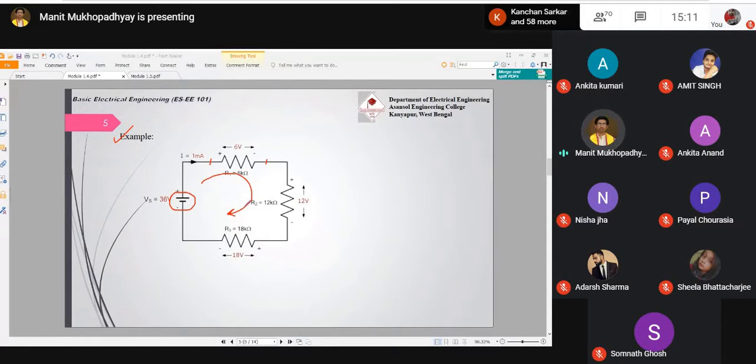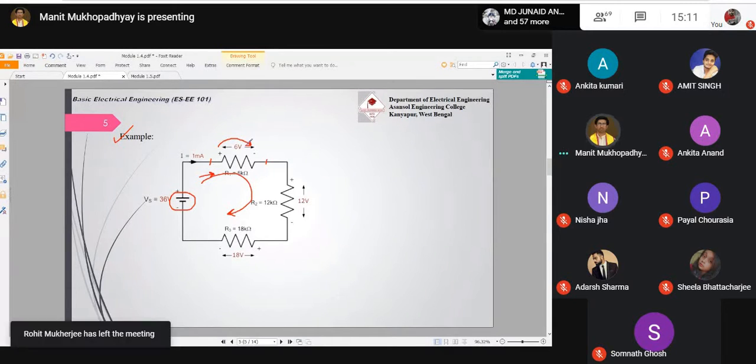And remember the voltage drop sign: as you go around this way, your movement will be from higher potential to lower potential. That's why the negative sign is coming, and the total voltage drop is becoming negative, right?